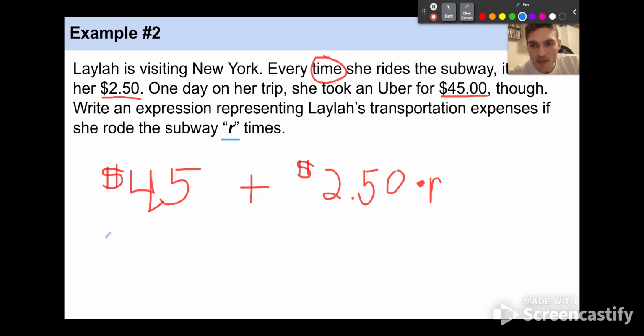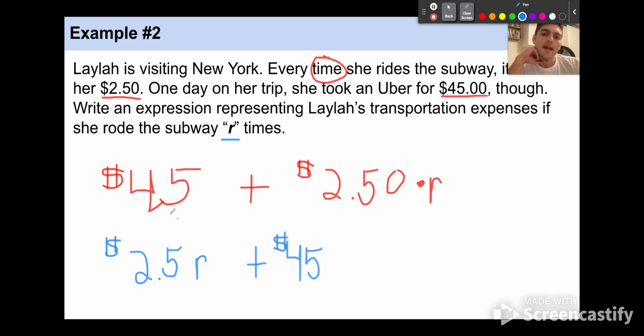So we can actually rewrite this as 2.5R, times R, and add it to 45. This is a cleaner way of saying the same thing you see in red.